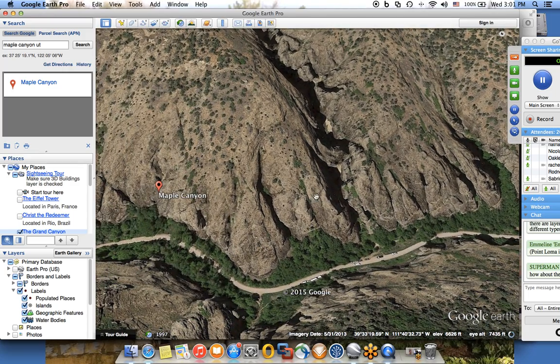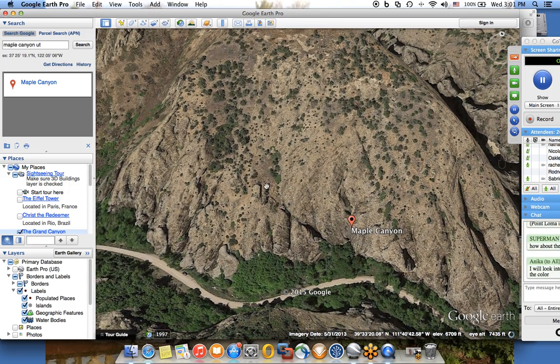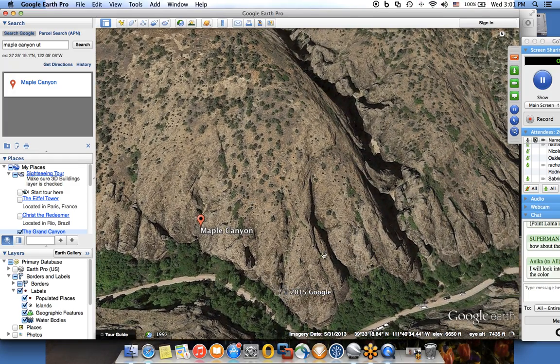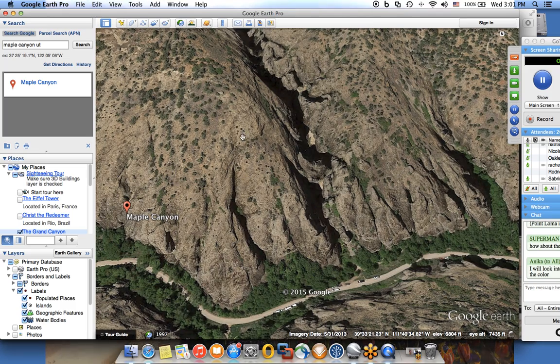So I'm not sure. All right. So here, because I don't see a whole lot of horizontal layers in the rock, I think that these are probably igneous rocks that have been weathered and washed.